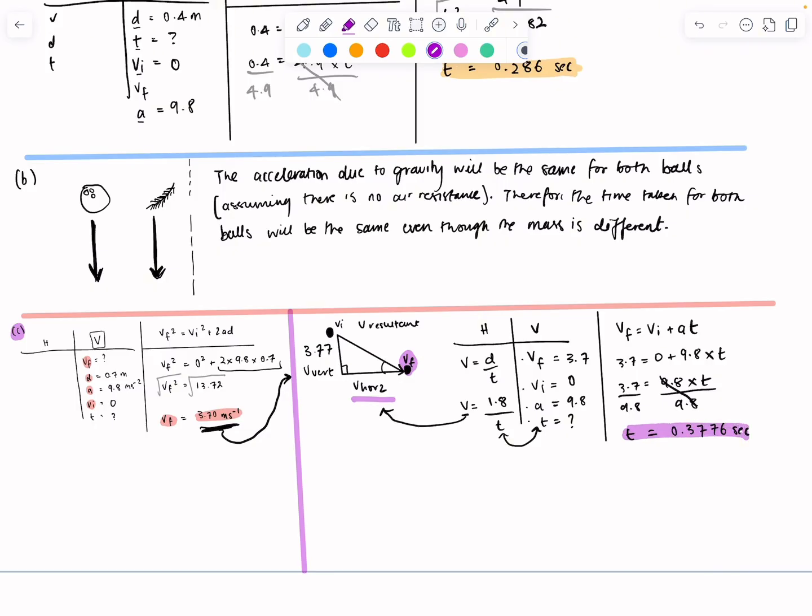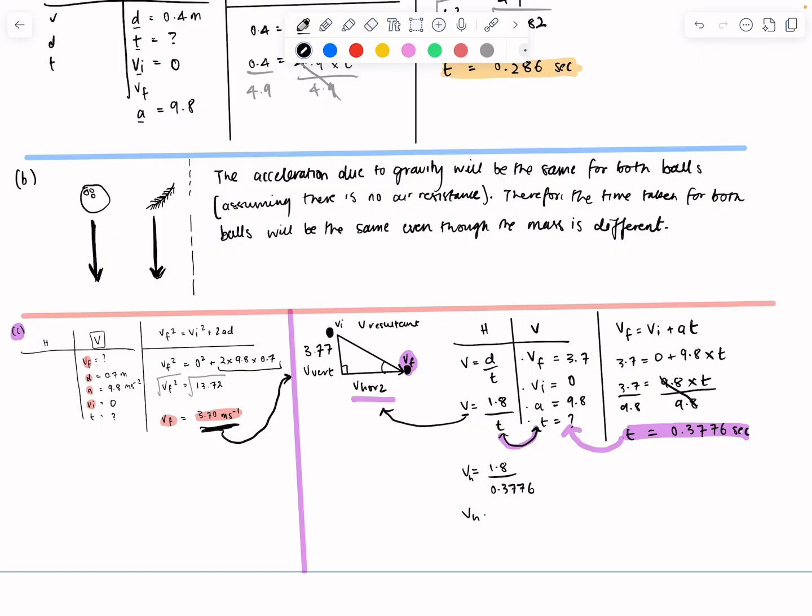So I know now that this time value, okay, can be used not only for my vertical, but I can use this for my horizontal. And so finally, I can add that to my equation. So V horizontal equals 1.8 meters divided by 0.3776.